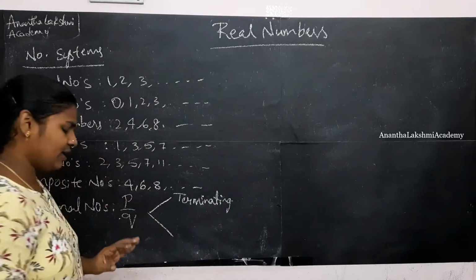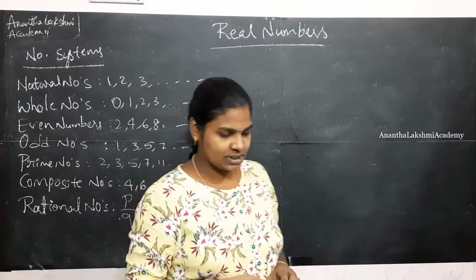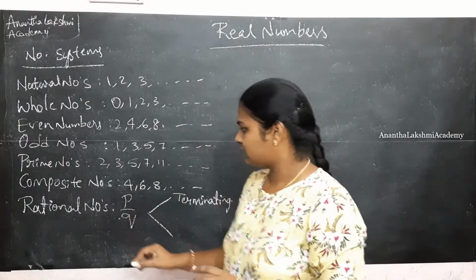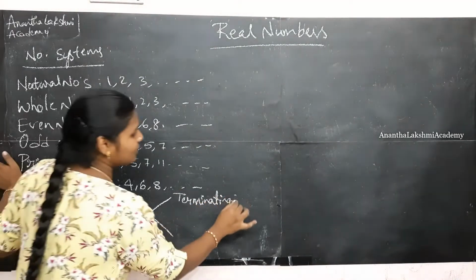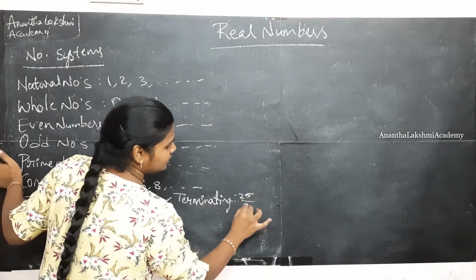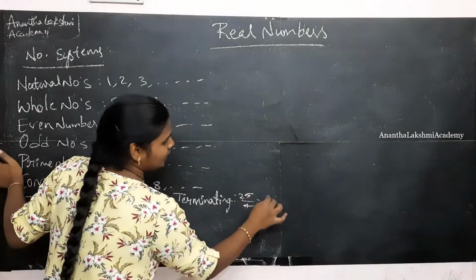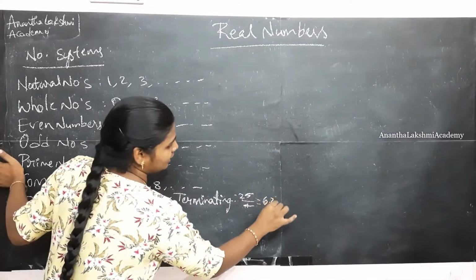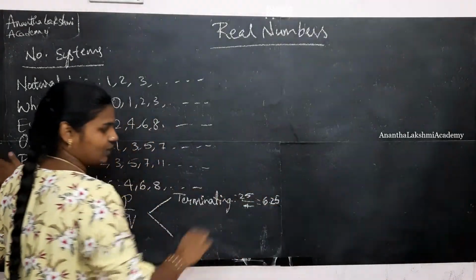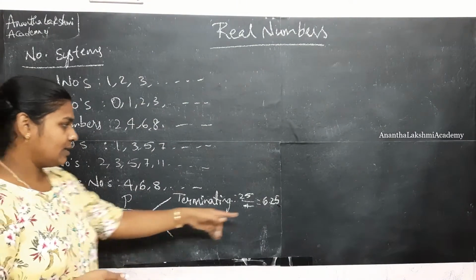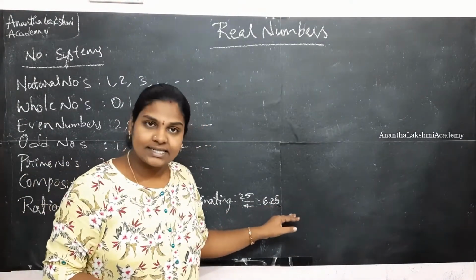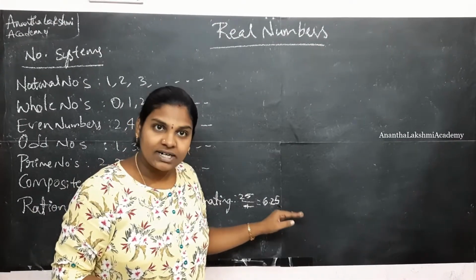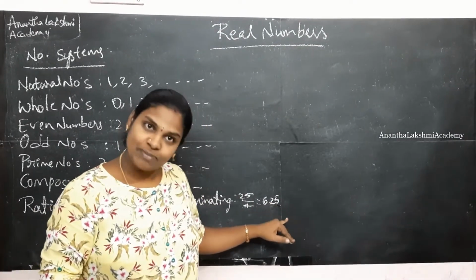What is terminating? If you take a fraction, suppose 25 by 4. Let me give you an example of 25 by 4. What happens for 25 by 4? 4 sixes are 24. Again, if you take the decimal point, it goes till 6.25. Alright? So, what is this? The result of this is terminating after a definite decimal expansion.